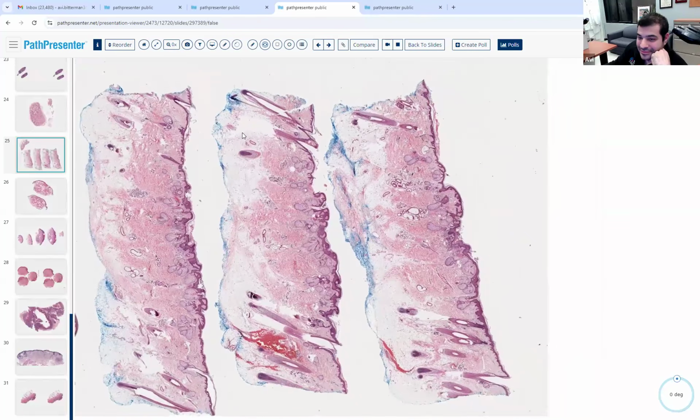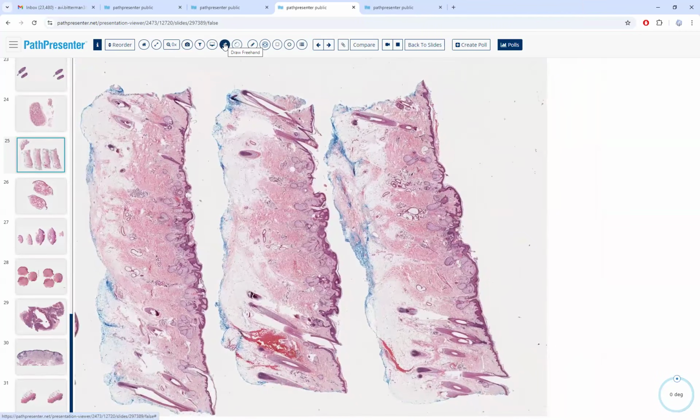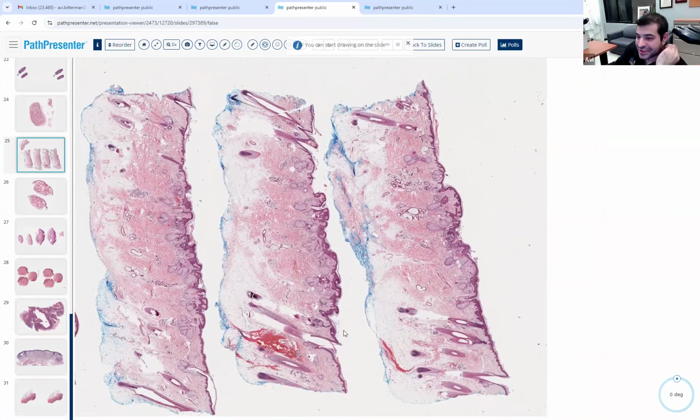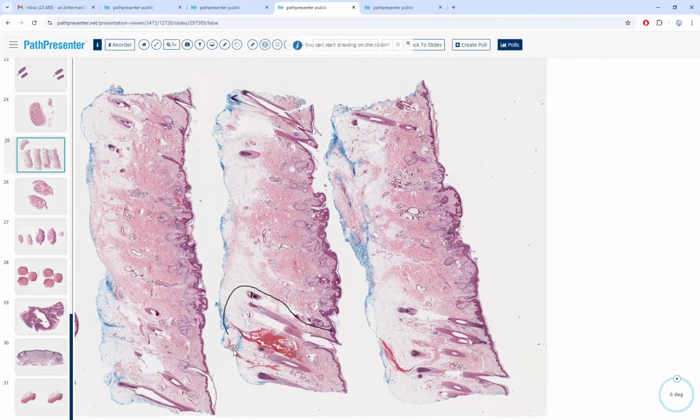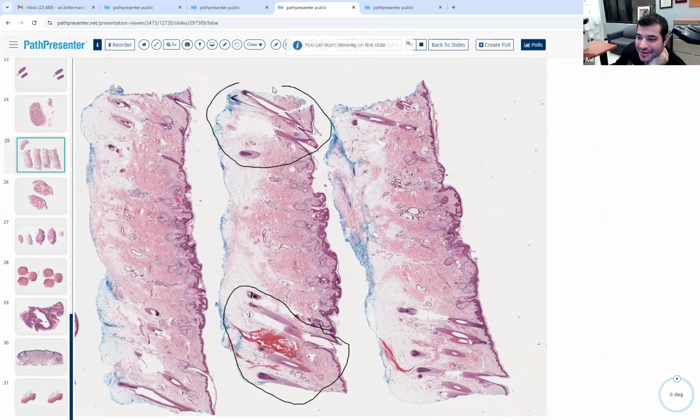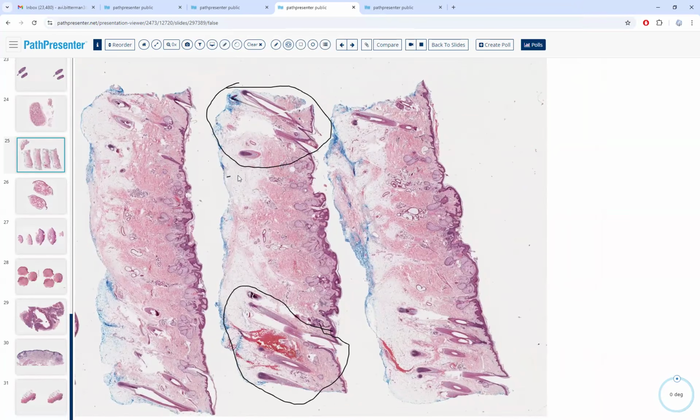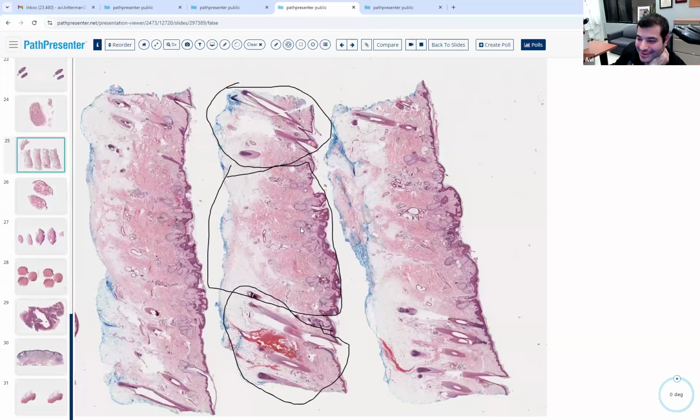Mm-hmm. So scalp, sebaceous glands, like nevus sebaceous. Okay, and why is it a nevus sebaceous? We have terminal follicles. Yeah, look at what we're missing in the middle here. Oh yeah, you're missing all the terminal follicles. We have no hairs. Yeah.